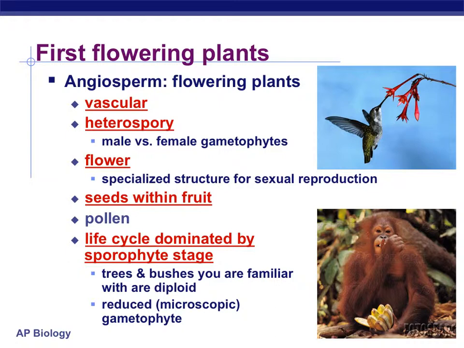What that means is there must be a combination of genetic cells from two individuals in order for there to be reproduction. The flower, of course, is, as you all would know, a specialized structure for sexual reproduction. Along with the fruits, there's all sorts of specialized adaptations that have developed in order to increase their sexual reproduction success.